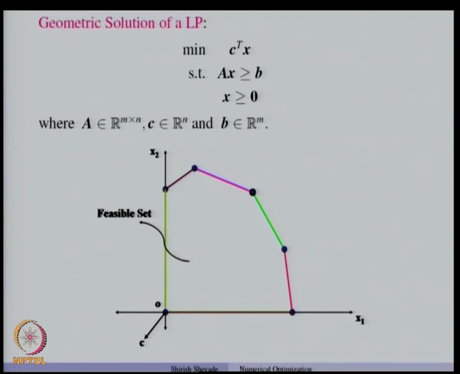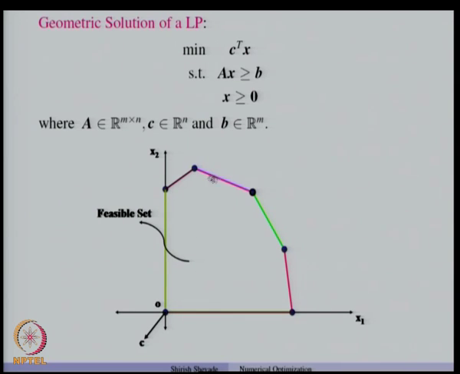So, for example, here is a 2-dimensional case where we have 2 variables x1 and x2, and the constraint set is the set of half spaces defined by these constraints. So, there are 4 constraints of this type and then 2 non-negativity constraints corresponding to x1 and x2. So, these together form a feasible set.